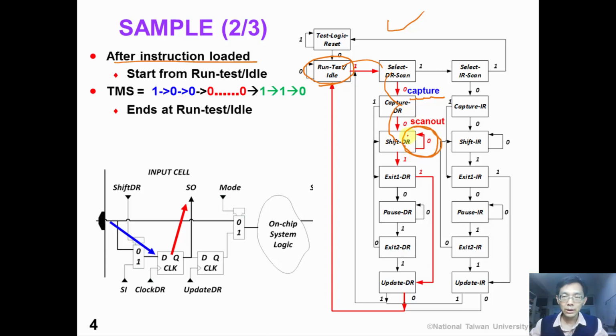Then we can keep in this state to scan out the value of observation. And then we can leave this instruction by the sequence of 1, 1, 0. Then we are back to the run test idle state.